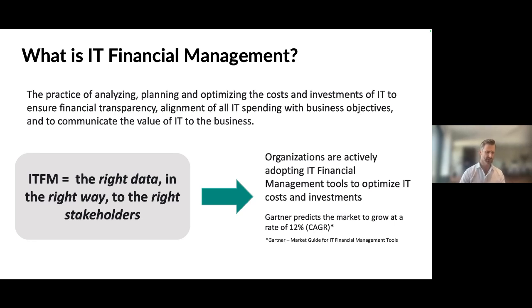And implementing solution and tooling will never work unless there's the right kind of process and acceptance from an organization perspective. So really, while we say that we're able to analyze, plan, and optimize the cost and investments and really work to showcase that business value of IT, it's really got to be in a way that's going to bring together the disparate data sources as well as disparate groups.